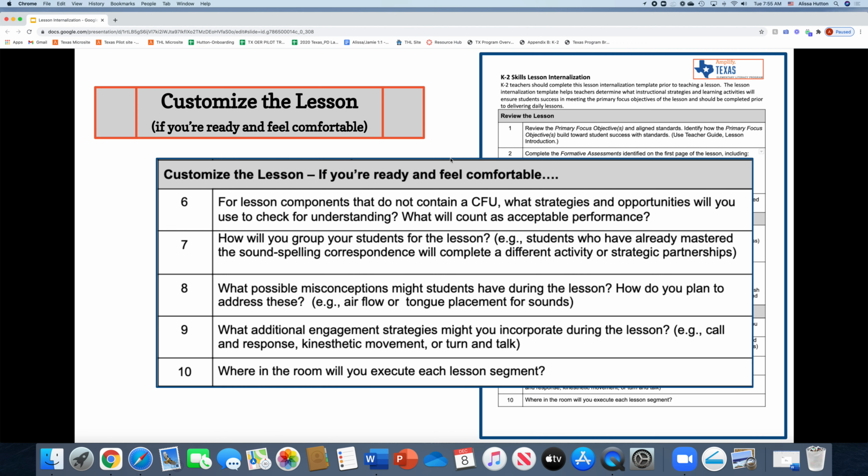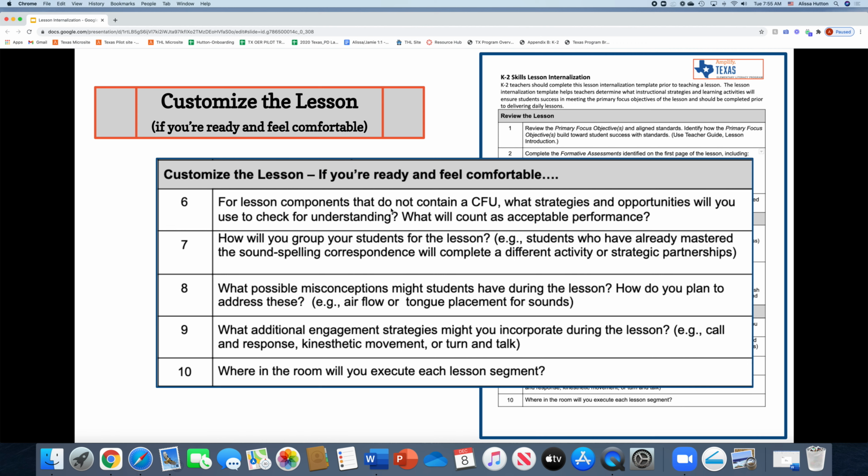That being said, once you do get to a place where you are ready to do some customization of your lessons, please note that you may only choose to do particular pieces of this customization section on your internalization document. Every step does not need to be addressed when you are customizing the lesson. So I'm just going to go over these steps within the customization and then show you an example of how I customize this particular lesson.